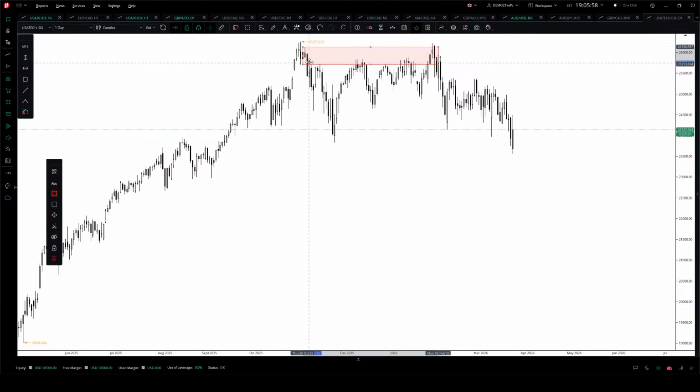You see that this is the first time, second time, then third, fourth, fifth, sixth, and on the seventh time it was successful to break this. But after breaking, it could not break the high. There was a supply here which was being protected by one of the banks, and price dropped and broke this low, which is an indication there is another chance of powerful supply at the top.